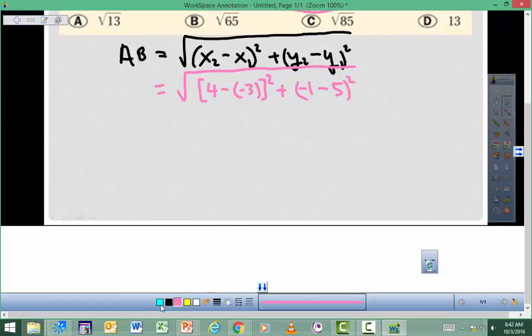Well, a minus minus gives me actually a plus, and 4 plus 3 is 7, so then when you square 7 you get 49, and then minus 1 minus 5 is minus 6, but when you square minus 6 you get 36.